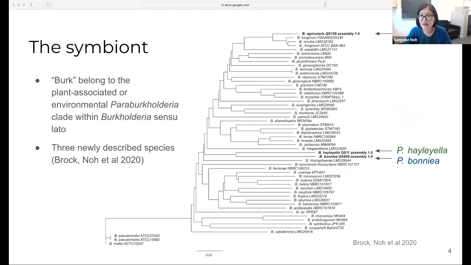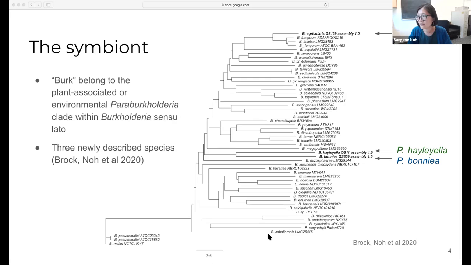The symbiotic microbes that we work with are 3 newly described species of Dicty symbionts. They are highlighted here: Agricolaris, Haliella, and Bonia. These are found in the genus Paraburkholderia that is shown here in this clade. So we described these species new to science recently.